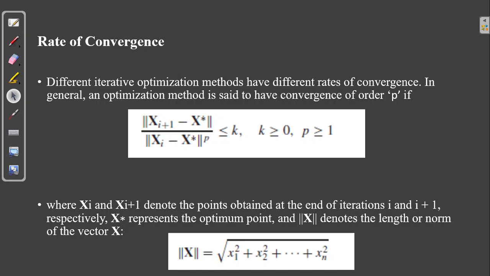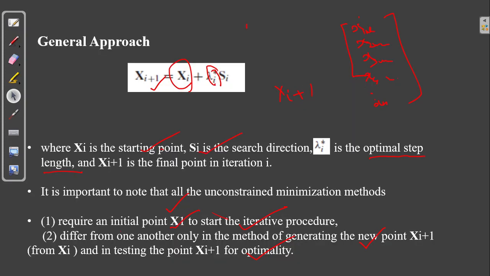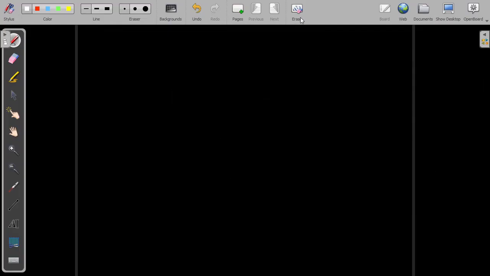Then what we will do is, in this manner, suppose we obtained x1, we obtained x2, we obtained x3, x4. Okay, like this we have 4 vectors.